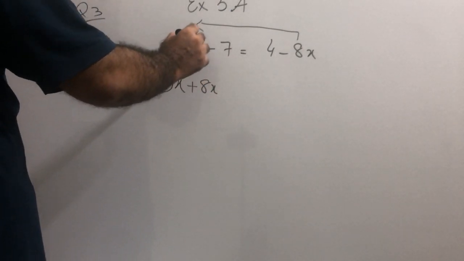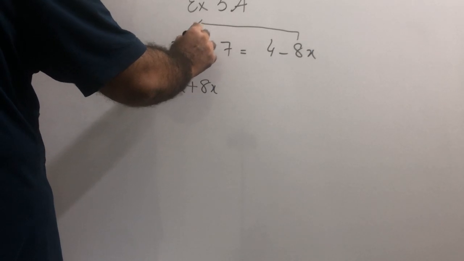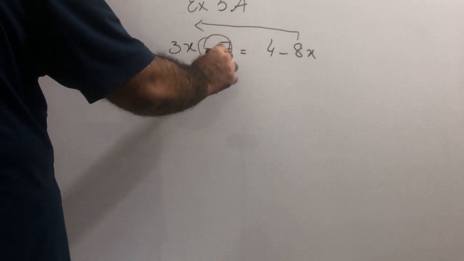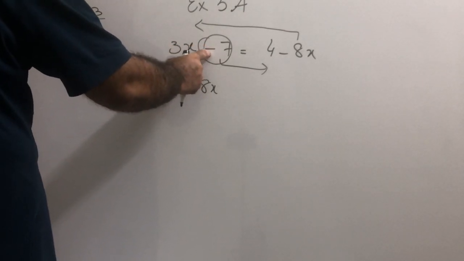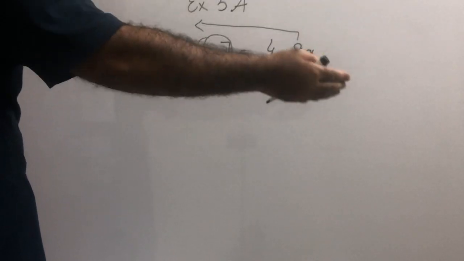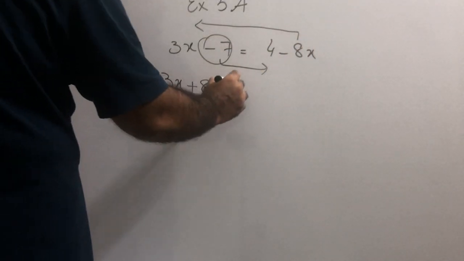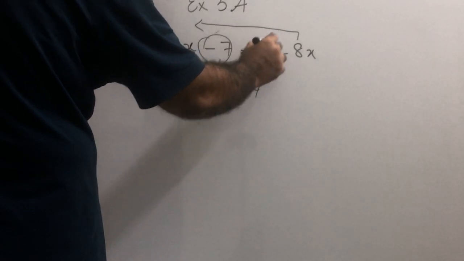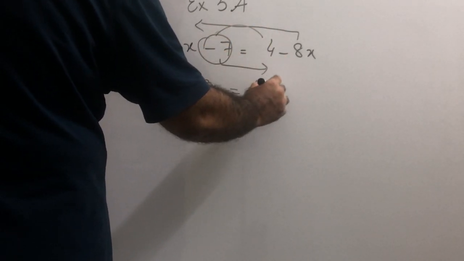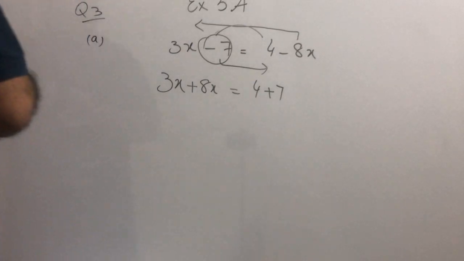Now, at the same time, we would like to take this minus 7 to the other side of the equation. If it is here bearing a minus sign, when it goes to the other side, it will get a positive sign. So equal to 4 is here. When this one goes to the other side, it becomes 4 plus 7. Okay.